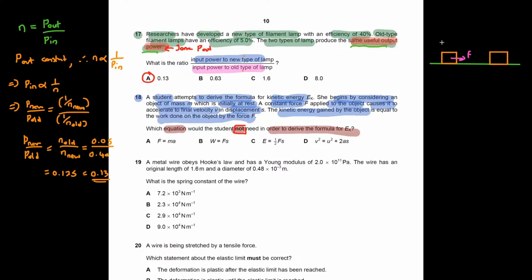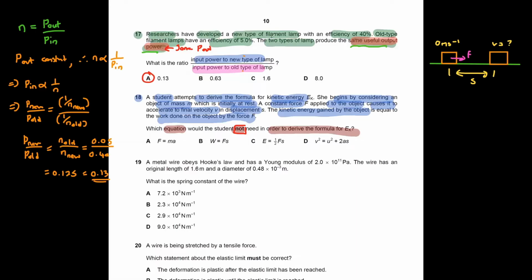Bearing in mind that your block was starting from rest, so this one will be 0 meters per second. When you apply the force F and it starts to accelerate, it will move through a displacement s, and it will have a final velocity v here. Okay, so this is the situation that's being described by your question here.